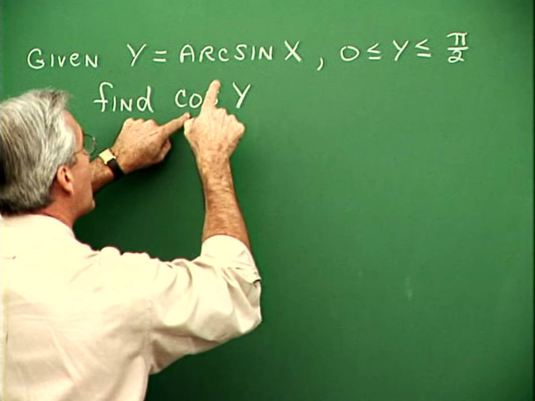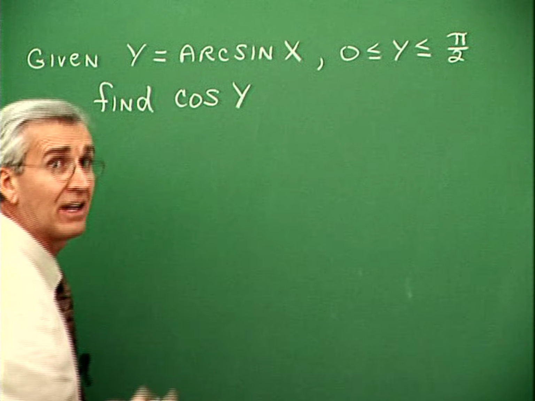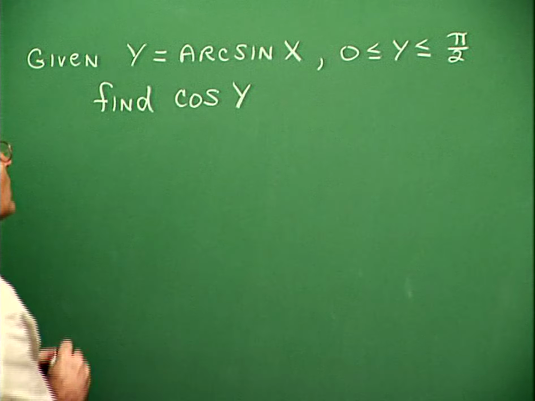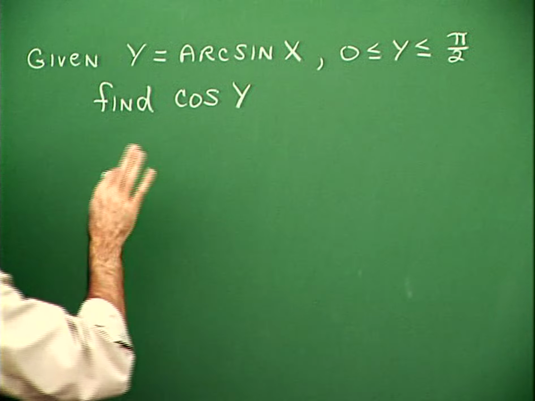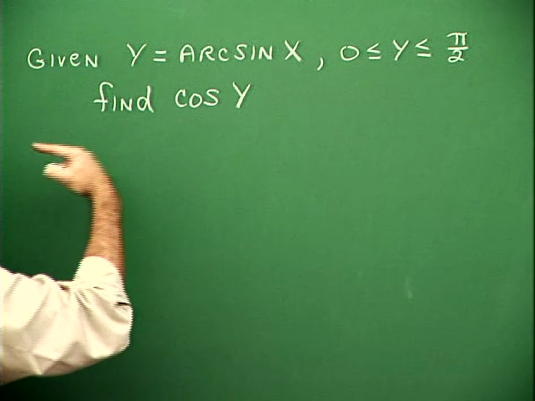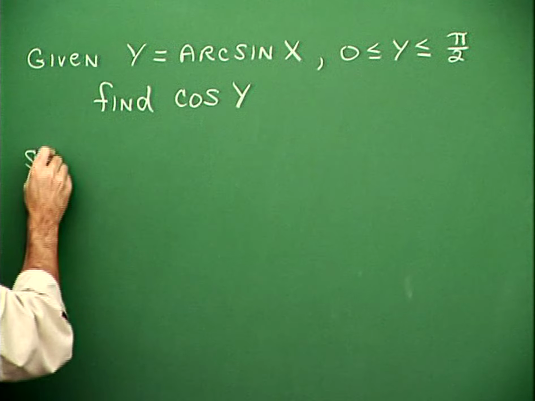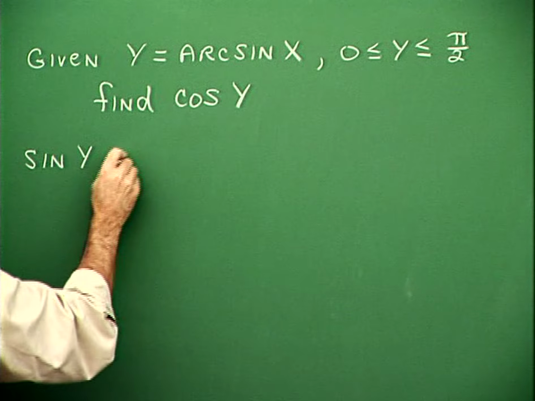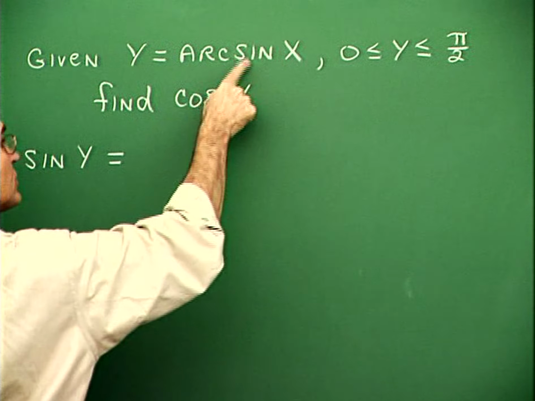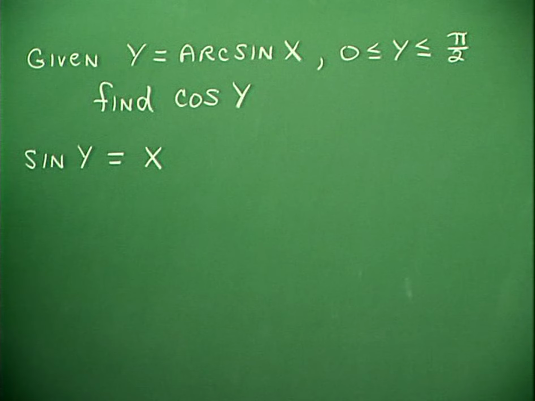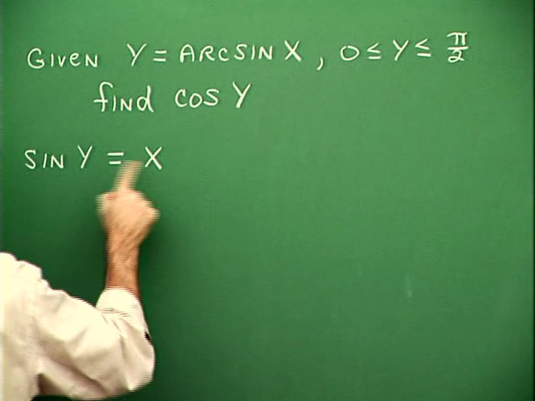And we want the cosine of that angle whose sine is x. So here's what we need to do. We need to start by using that technique I referred to earlier. That is, the sine of y is equal to the sine of this, which would be x. Okay, so sine of y is equal to x.